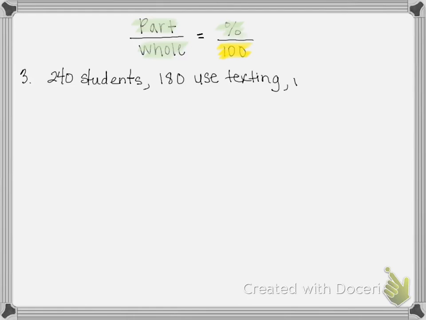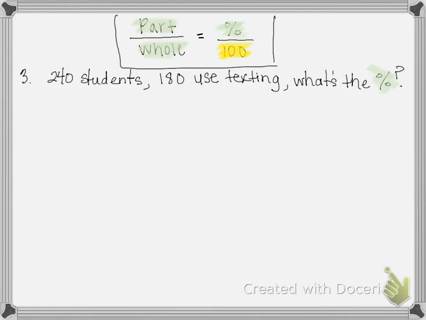And you're asked, what percent is this? What's the percent? So if you look back at our format, you're asked for percent right here. So that should automatically tell you that we are doing the part over whole equals percent over 100. So now we just have to identify the part, identify the whole, and plug it in and solve.